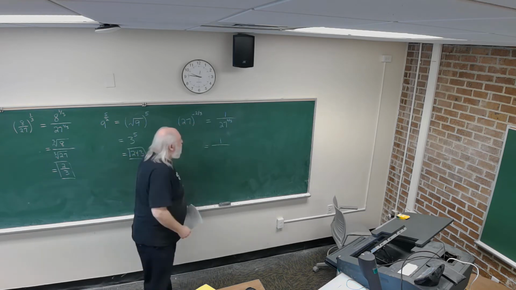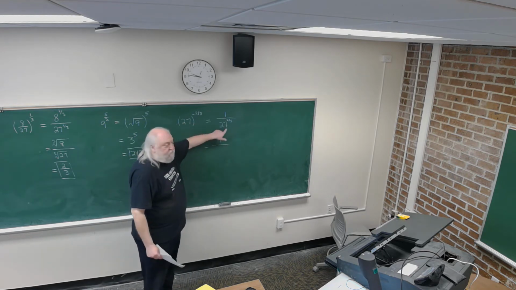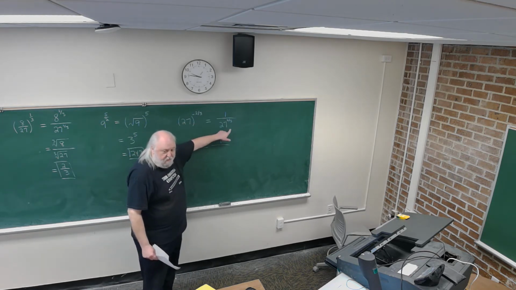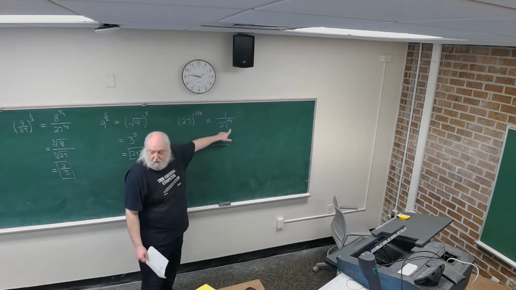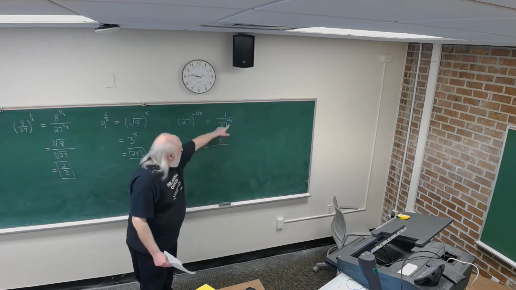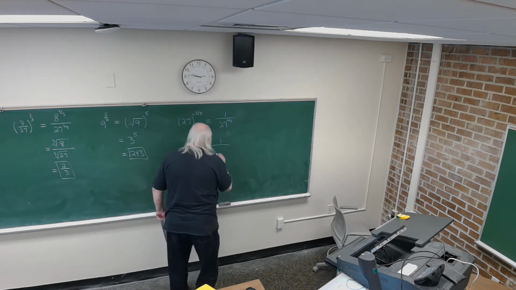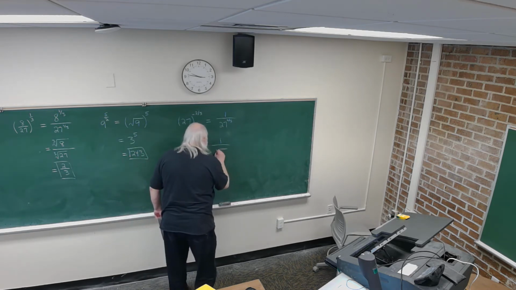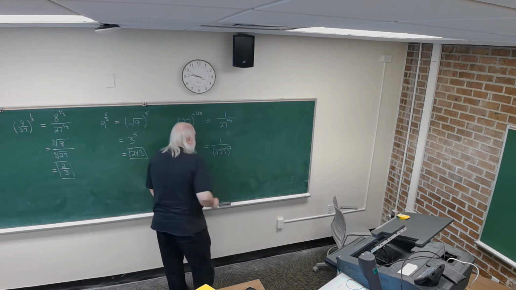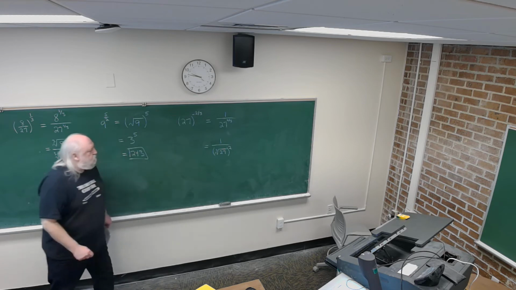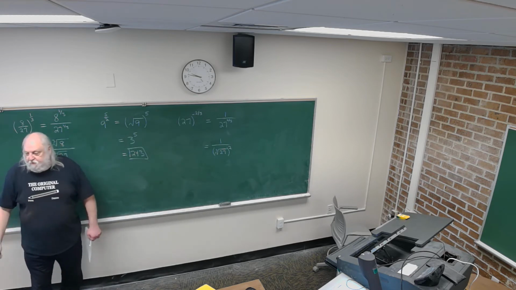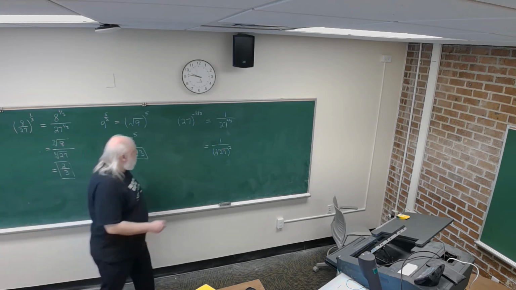Now again, I could square the 27 and then take the cube root, but what's 27 squared? Can you do that in your head? No. But we could take the cube root of 27 first, and then square the result. And the cube root of 27, you know, is 3.